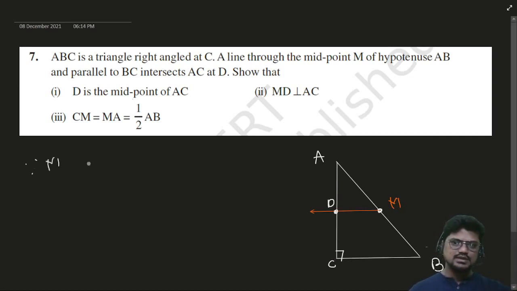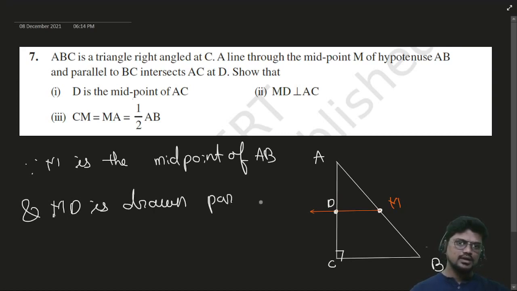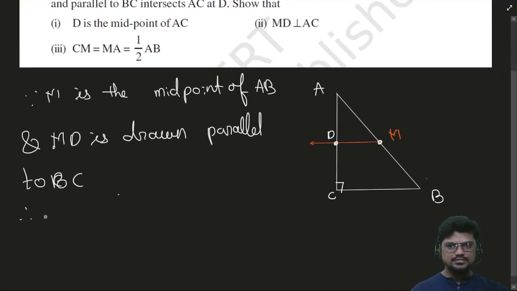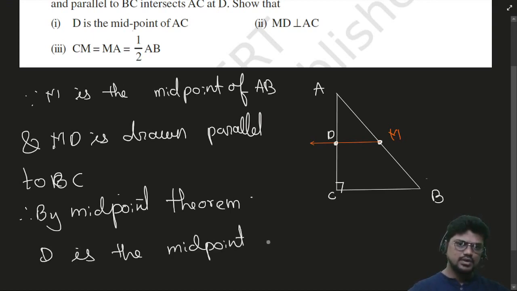Since M is the midpoint of AB and MD is drawn parallel to BC, therefore by midpoint theorem, D is a midpoint of AC.